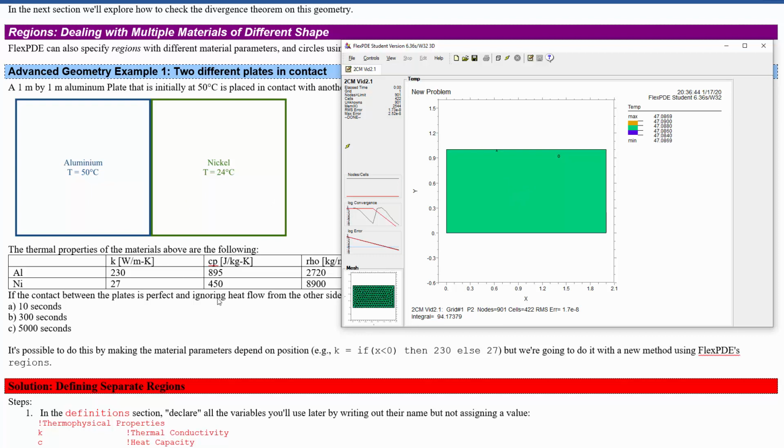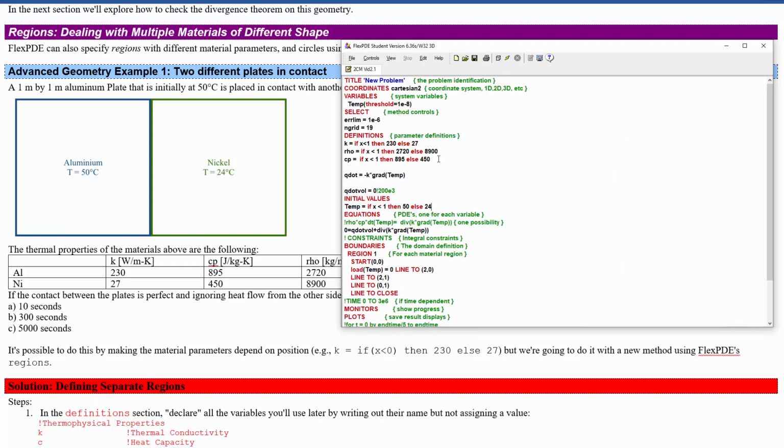This says the left-hand side had a much higher heat capacity than the right-hand side, which makes me think I probably typed something wrong because the nickel's supposed to have a pretty high density. Let's double check. You know what it is?